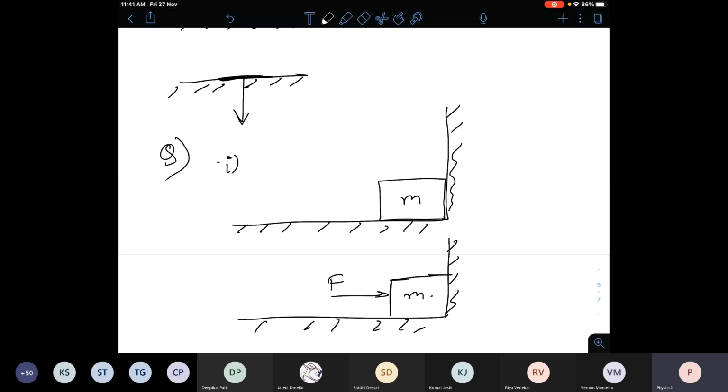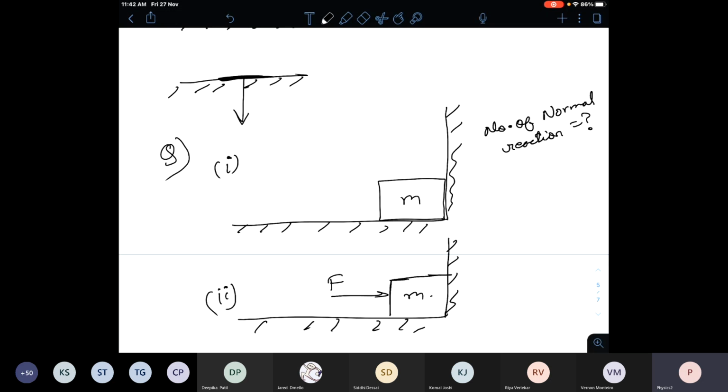This is diagram 1, this is diagram 2. Now just tell me what is the number of normal reactions in both of the cases. In the first diagram, how many normal reactions are acting on the block?